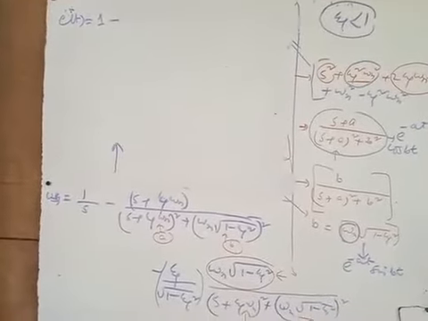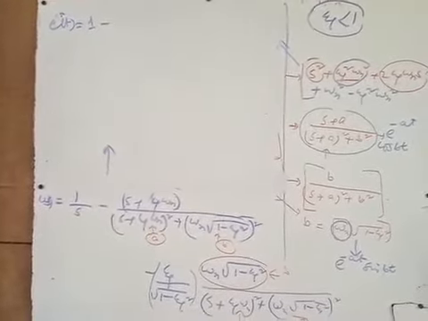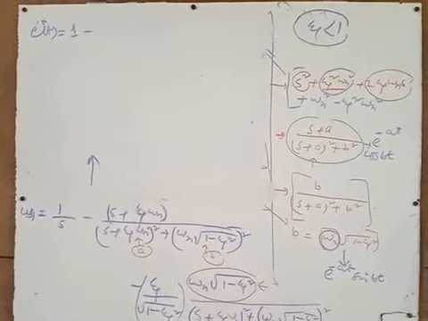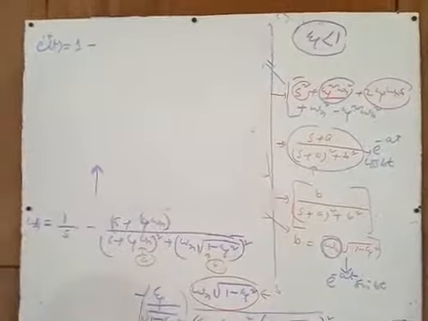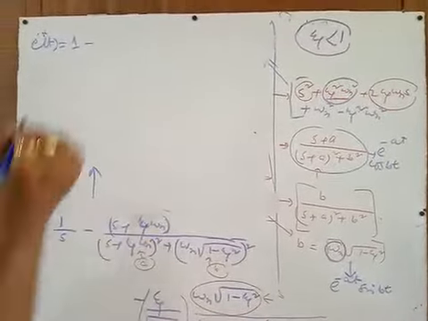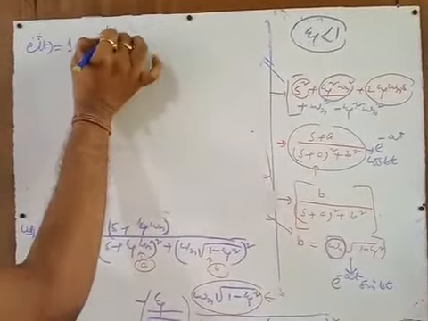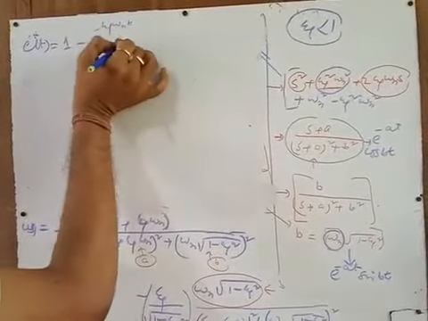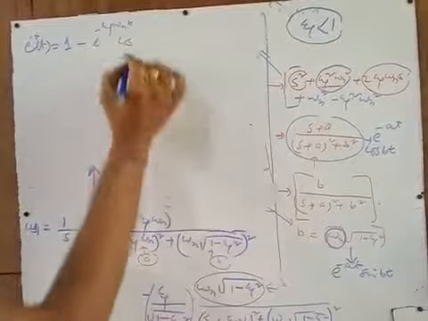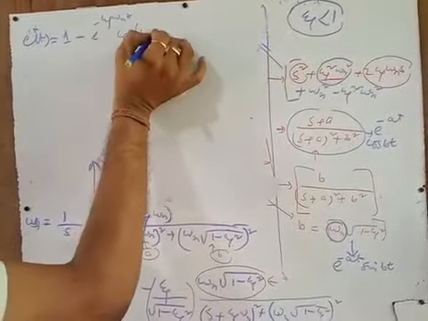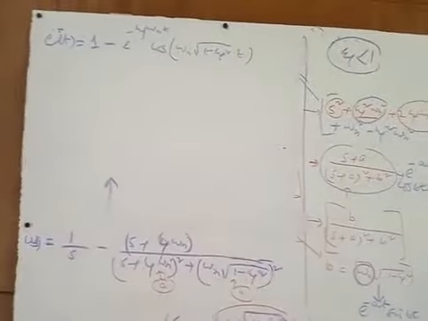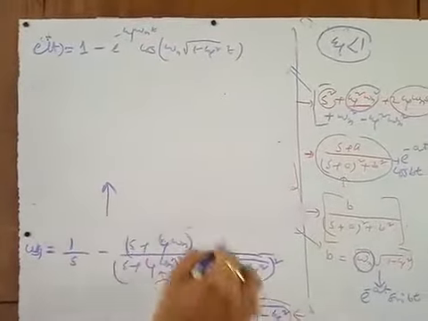So once you get these terms, what are we getting from this term? This is your a. So e to the power minus xi omega n t cos of omega n root over 1 minus xi square t, this is the inverse Laplace transform of this part.